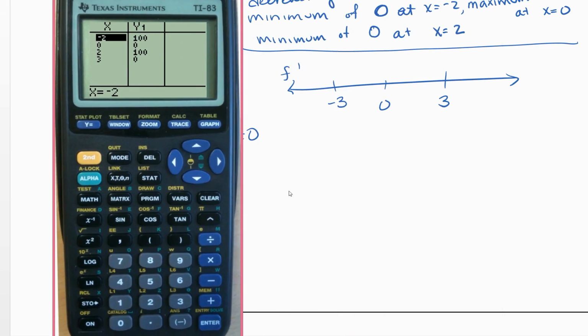Okay, so I'm going to test something less than negative 3. So I'll do negative 4, that's negative. Then I'll do something between negative 3 and 0, so I'll do negative 1. Then 2 works, and then I need something bigger than 3, so 4. Okay, so look, here we're going to have negative, positive, positive, negative.